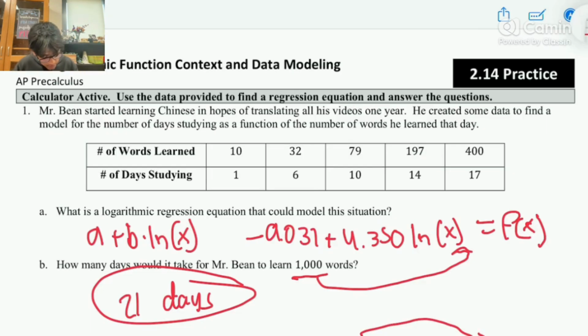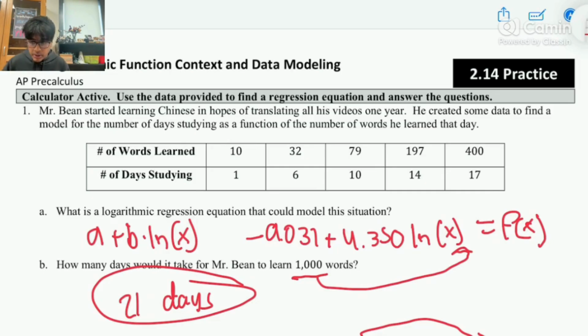So now we can solve for x. First, what we have to do is add 9.031, and then we would get 69.031 equals 4.350 ln of x.